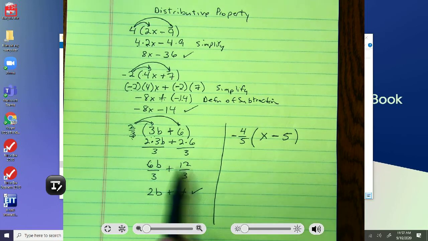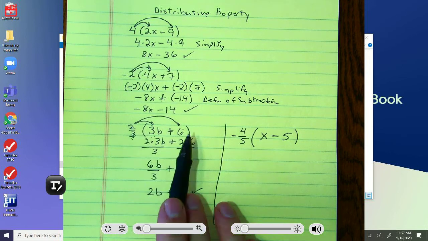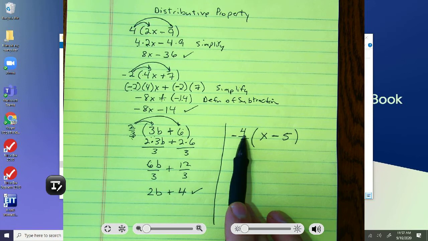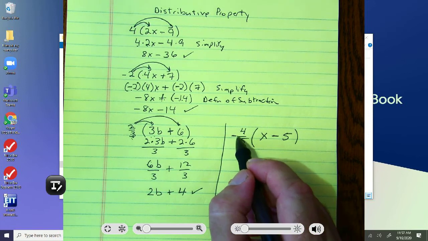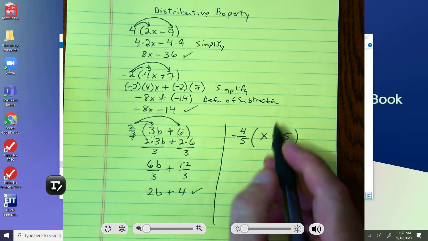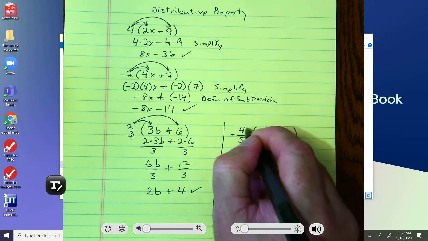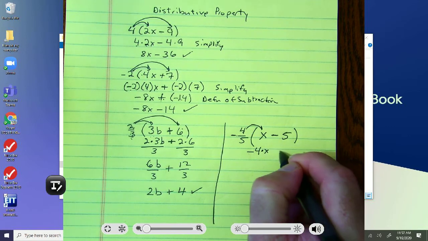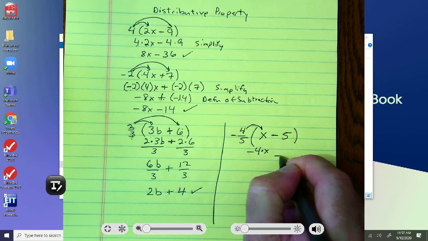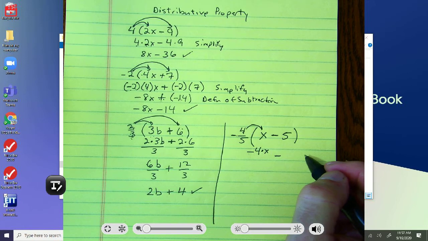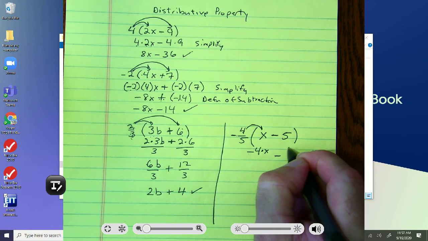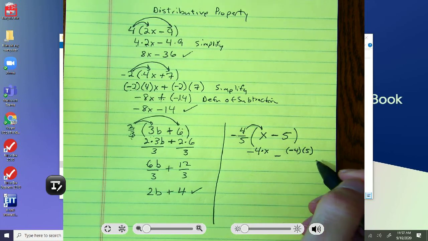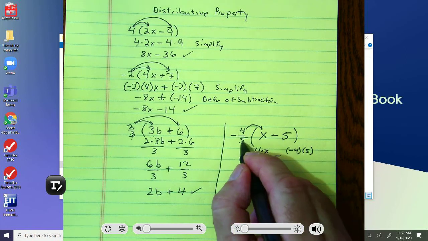So again, like I said over here, I'm going to distribute to everything, but I'm going to distribute multiplication with the 4. The negative number you keep with the 4, your numerator. So I'm going to go negative 4 times x. I'm going to keep my operation, and remember, we said negative 4 times 5. Now the denominator tells me I'm going to divide.